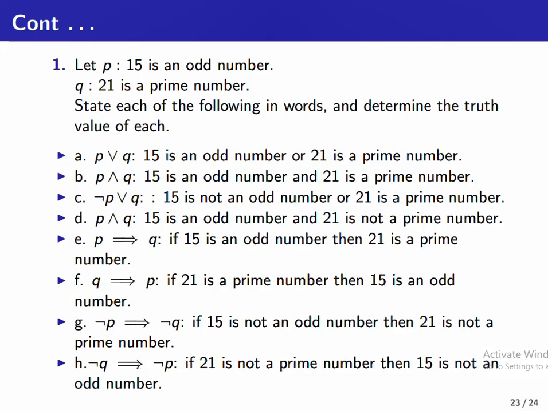Therefore, negation Q implies negation P is the same as true implies false. So true implies false is false. Therefore, negation Q implies negation P is false.